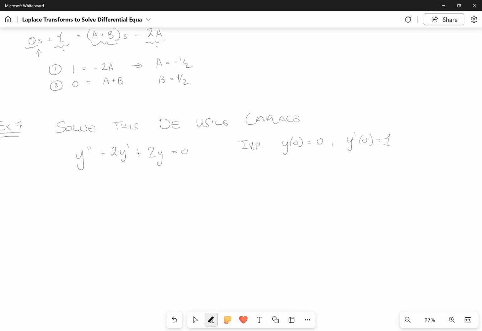All right. Let's go in and solve using Laplace by applying the Laplace transform to both sides of the differential equation. So what we're going to do is apply Laplace to both sides, then use the linearity rules.